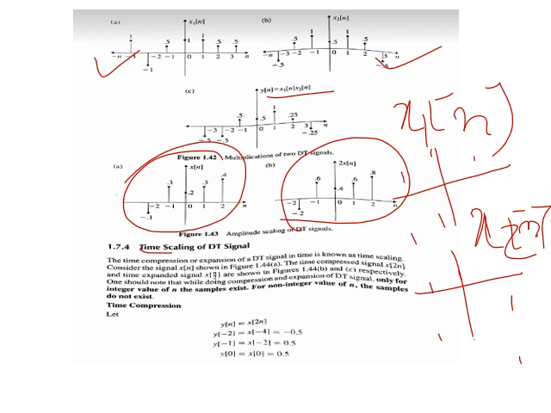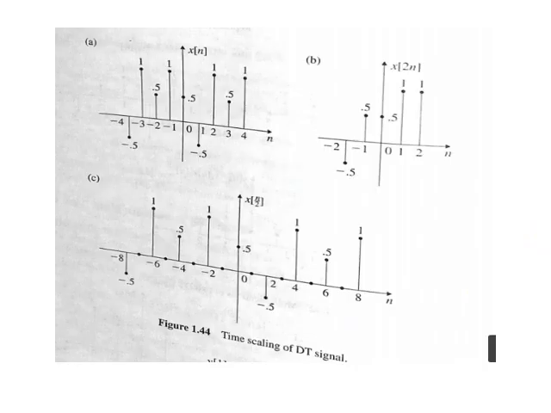Now the time scaling of the discrete time signal, which is very important. So y of n equals x of 2n. This is the time scaling. See here, x of n, I have to find x of 2n. So what we do: I have posted a video for this for unit number 1.